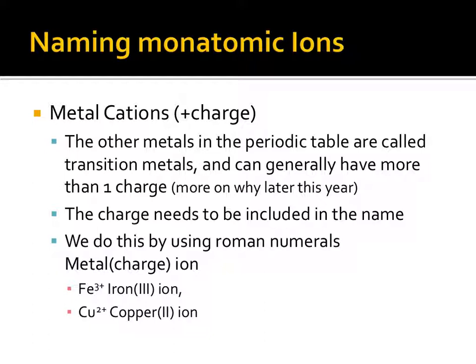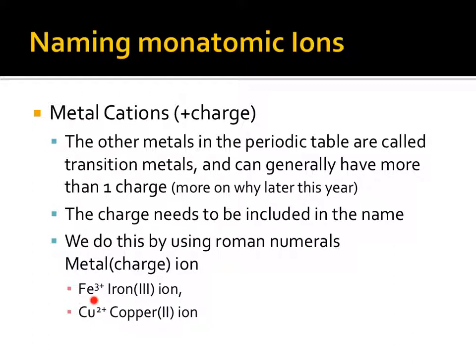And because it happens, you need to have a way of indicating which particular ion you're talking about in a compound. So to do that, you use Roman numerals. You put the name of the metal, the Roman numeral of the charge, and then the word ion if it's not connected to anything.